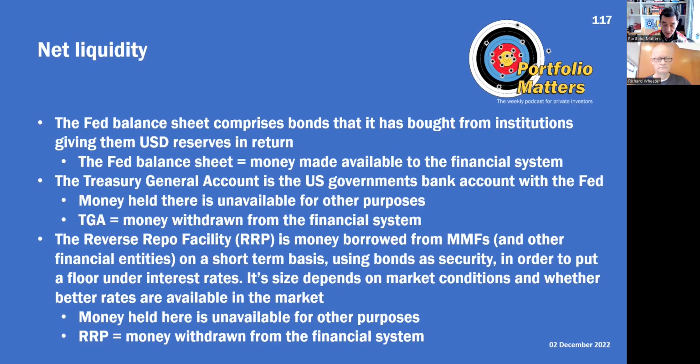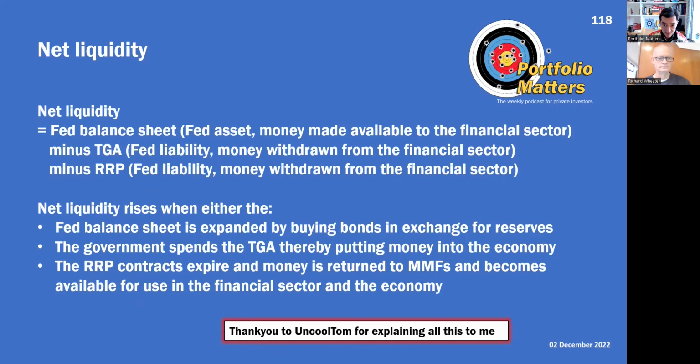So in summary, the Fed balance sheet equals money made available to the financial system. The TGA and RRP are money that has been withdrawn from the system. So therefore, net liquidity is the Fed balance sheet minus the TGA minus the reverse repo facility.